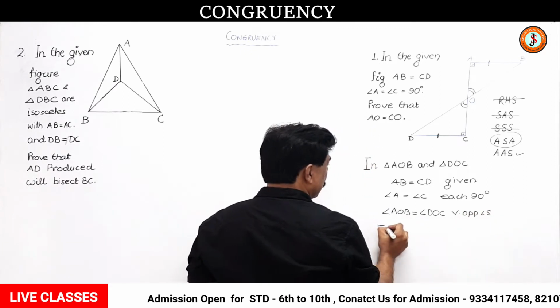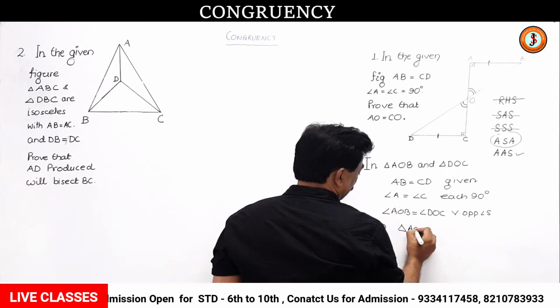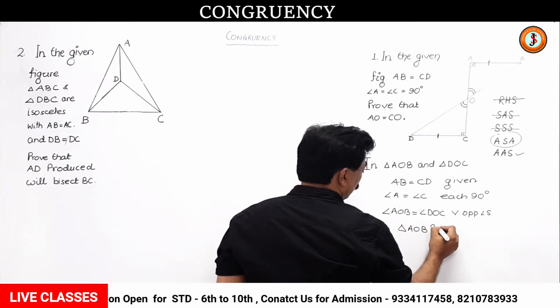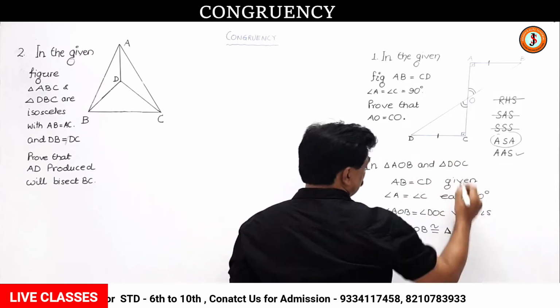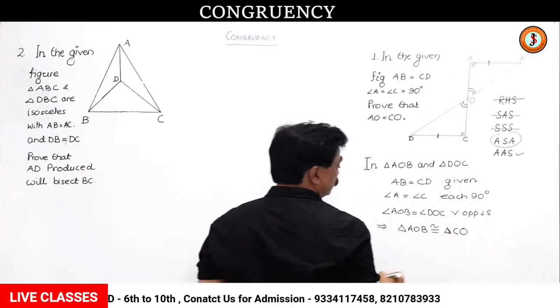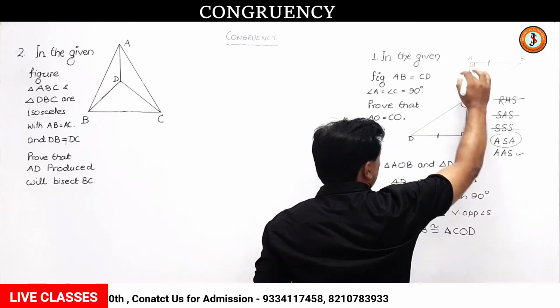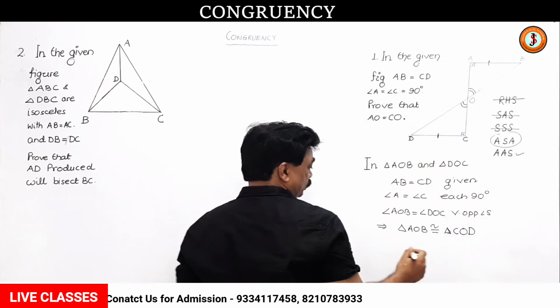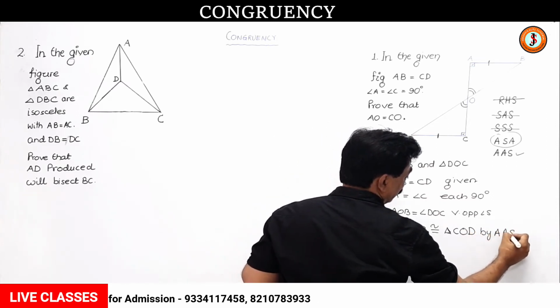So this implies that triangle AOB is congruent to, while writing congruency you have to understand that if A is 90 over here, then C, with O as the common vertex, so COD. So triangle AOB is congruent to triangle COD by angle angle side.